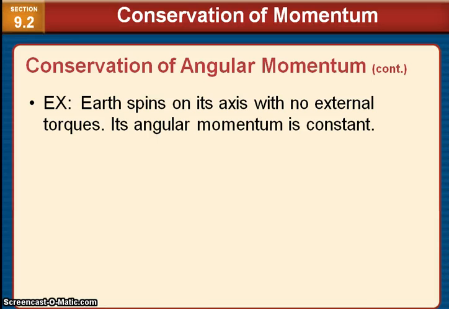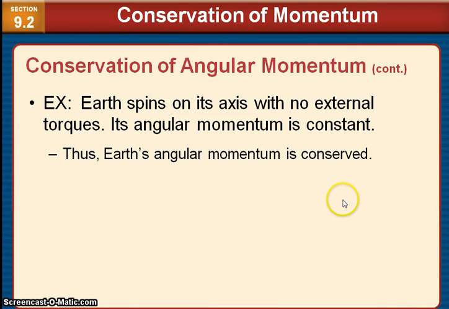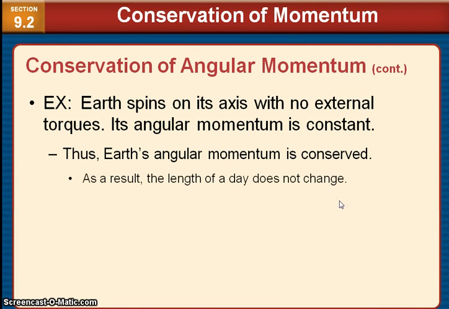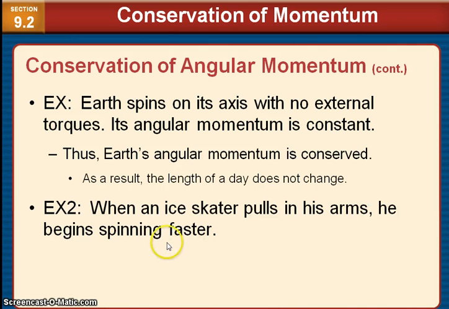So for example, the Earth spins on an axis with no external force. So its angular momentum is going to be constant. Therefore, its angular momentum is conserved and the length of the day does not change. But think about an ice skater. An ice skater pulls in his arms. He begins to spin faster.